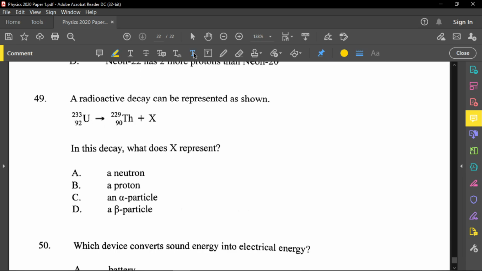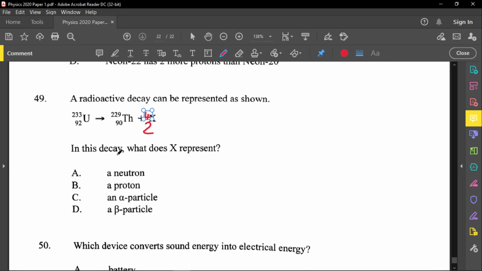For the missing number, you can minus 229 from 233, and what you get here is 4. So you can put 4 right here. The mass number in the reactant must equal the mass number of the product. Always remember that. Then minus 90 from 92, you get 2.